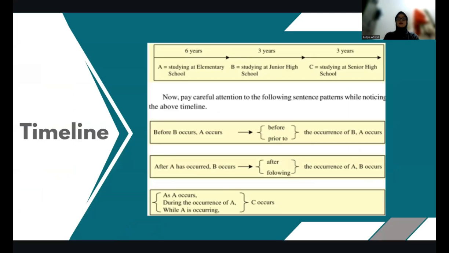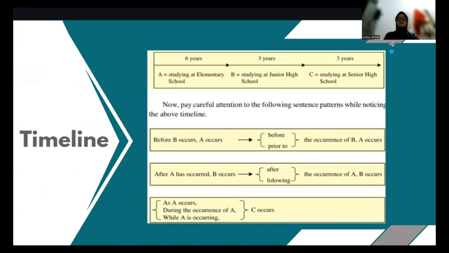So this is a timeline, a table of timeline. As you can see, 6 years after date, 3 years after date, and 3 years after date. Like studying at elementary school, and then studying at junior high school, and studying at senior high school.